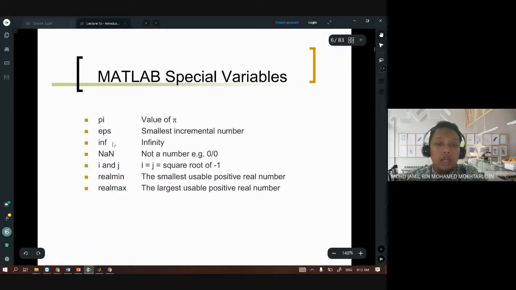Okay, so there are other variables like infinity, EPS, I represents complex number, NaN not a number. Tak selalu guna. Yang selalu guna mungkin pi and I complex number. The others maybe you will encounter during FYP ke. Okay, not sure.